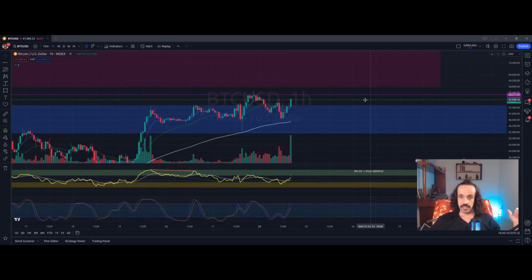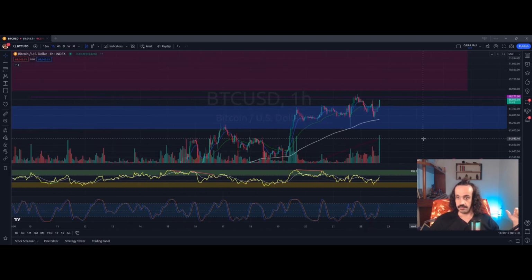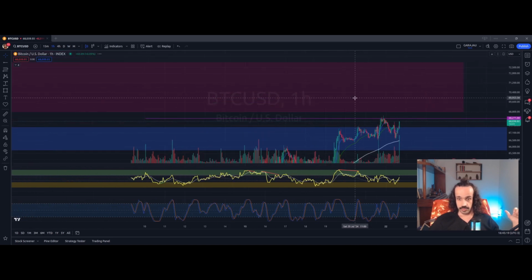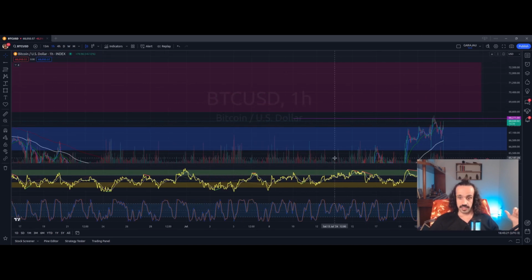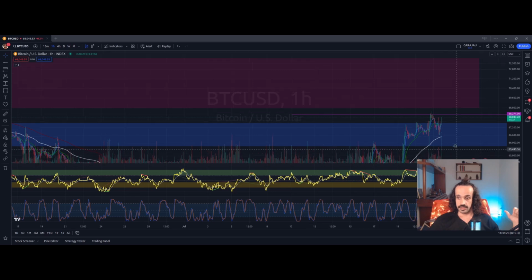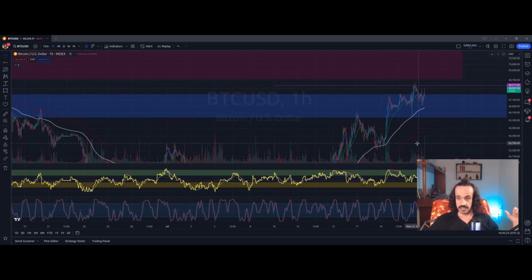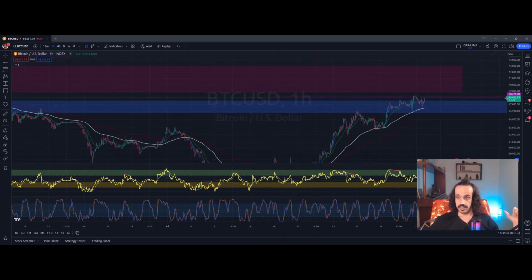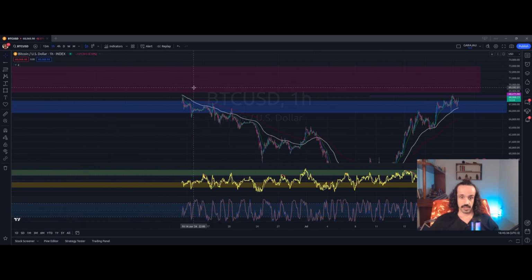On the 1 hourly, probably a double top, and if not a double top, maybe we're going to break through this, because the volume is quite high. So there's also a possibility for a break of this resistance region at $68.2 thousand.